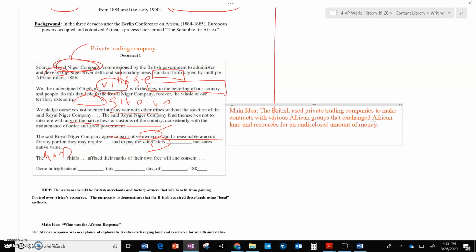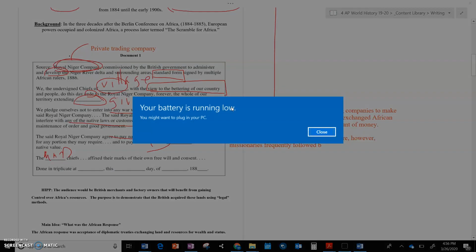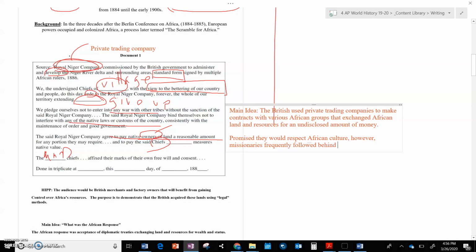If you want to add things like they promised they would respect African culture, however, missionaries frequently followed with intent to convert.